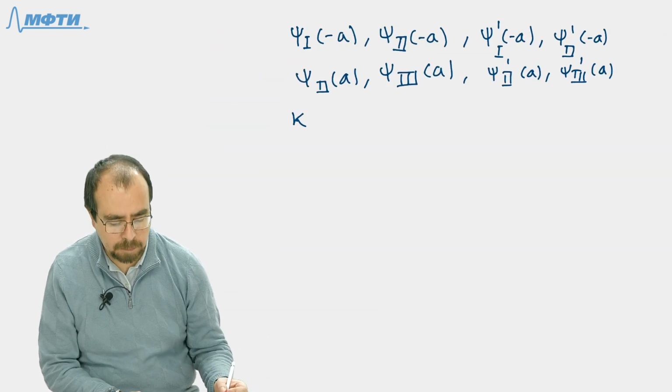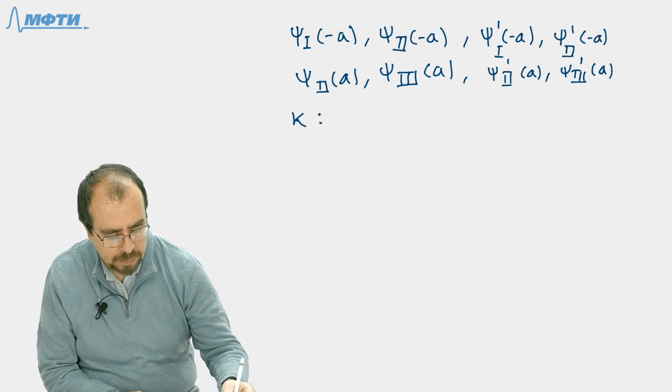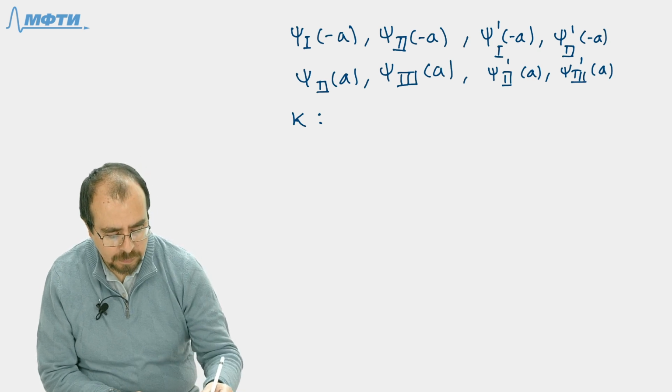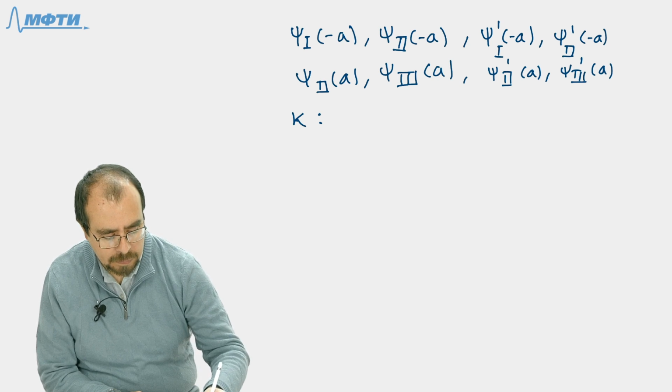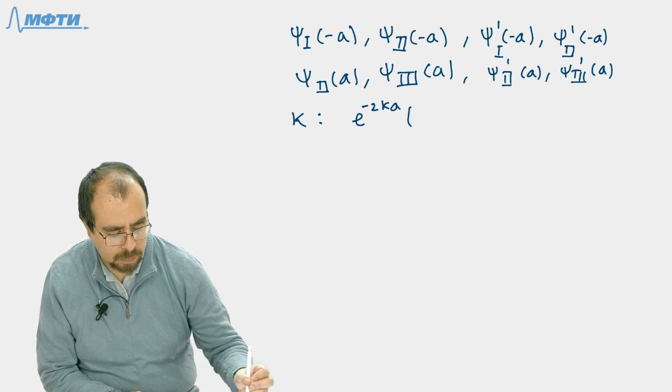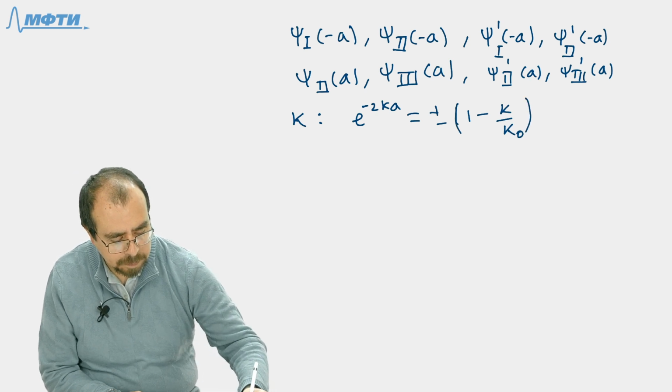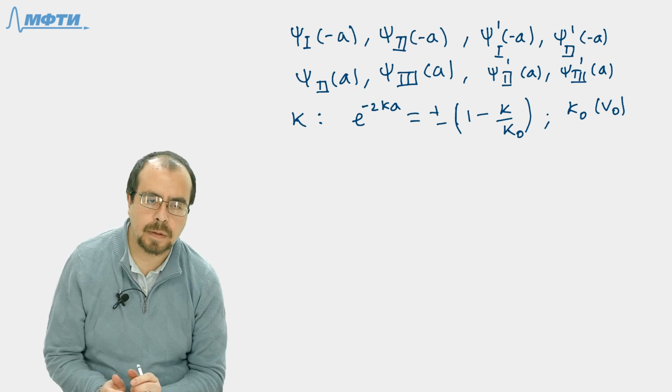So in principle, if we use all these equations for the continuity and discontinuity of the derivatives, what results from all this is the following: the exponential of minus 2ka is equal to plus or minus (1 minus k over k0), where k0 is a function of the potential parameter v0.